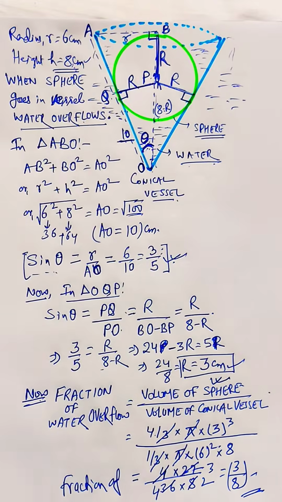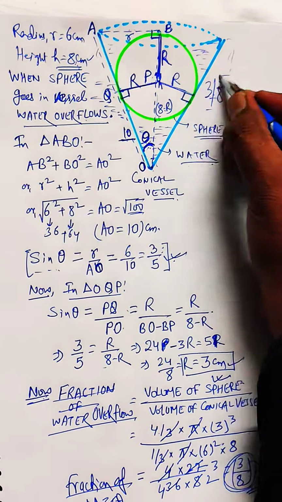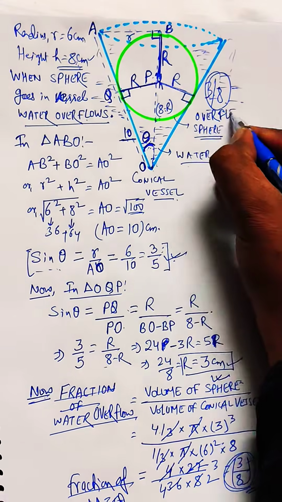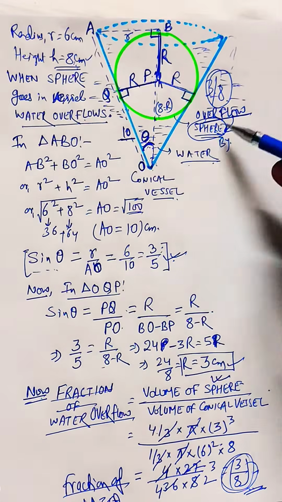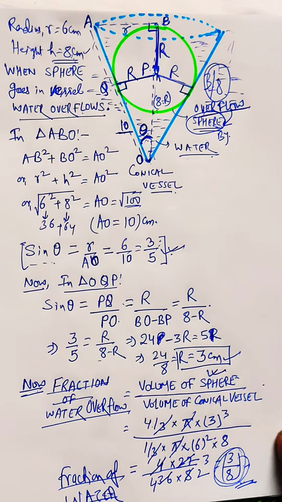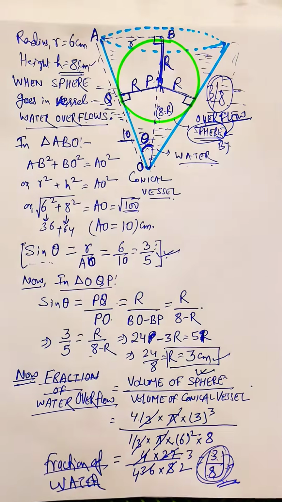Here small r and small h are the values given in the question initially, right? So on solving, we get the fraction as 3 by 8, which is our answer, right? So the fraction of water overflow is 3 by 8.